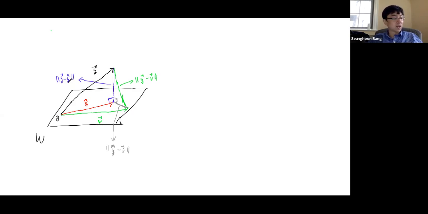How do we know this? We can prove it. The proof is like this. We think about vector y minus vector v, which is exactly the same as y minus y hat plus y hat minus vector v.